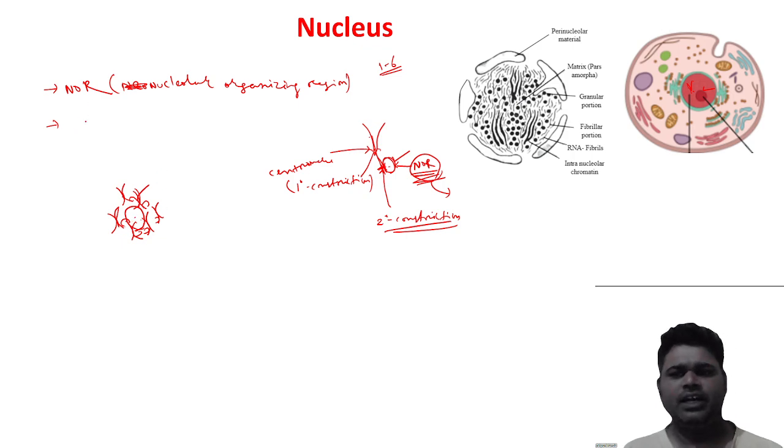If we ask about humans, the nucleolus is formed around 5 chromosomes.